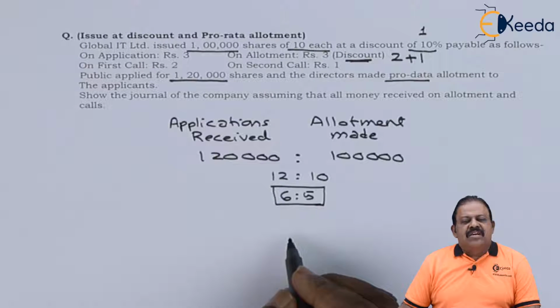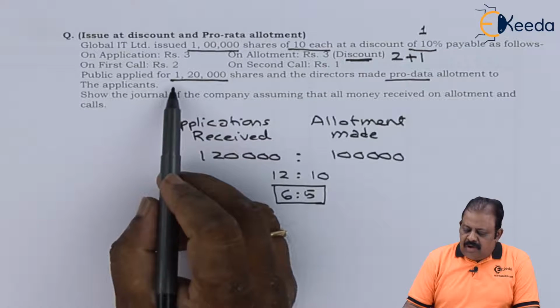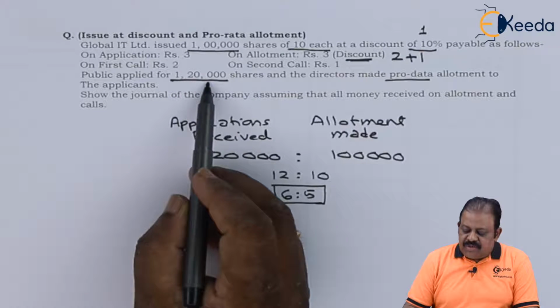Let us draw the journal for recording journal entries relating to this issue. The first entry we are required to record relates to the application stage, where the company is receiving application amount from the public. In all, applications received are 1,20,000.